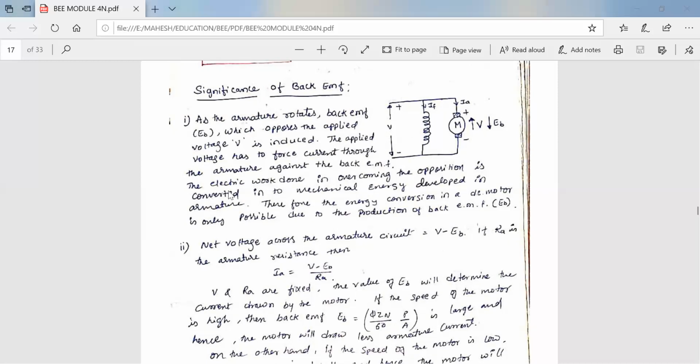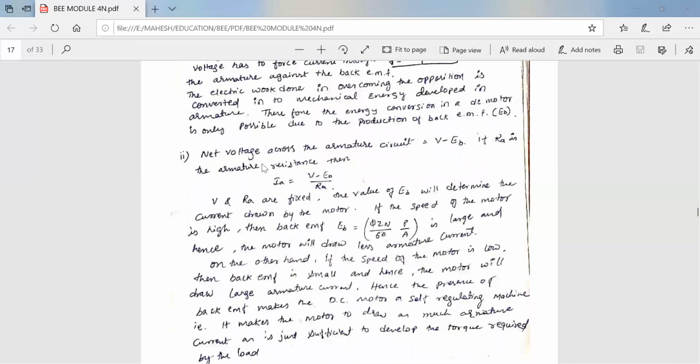The electrical work done in overcoming the opposition is converted into mechanical energy developed in the armature. This electrical work done occurs due to the existence of what? Back EMF. This is one of the significances of back EMF. There is a generation of mechanical energy due to the effect of back EMF.